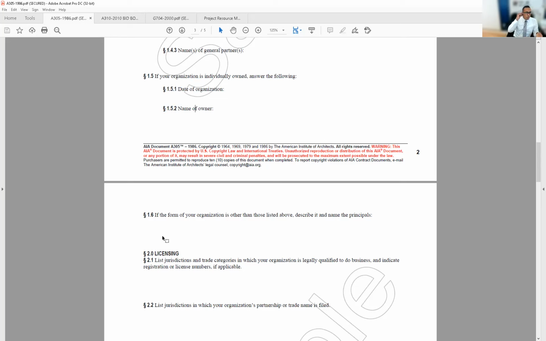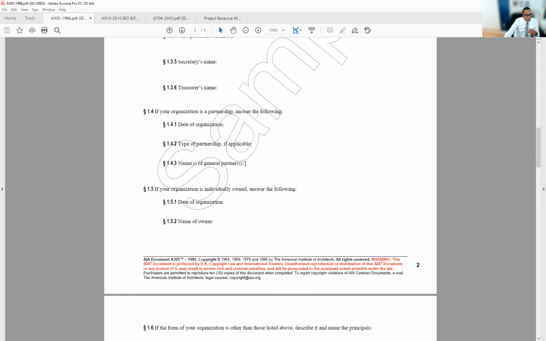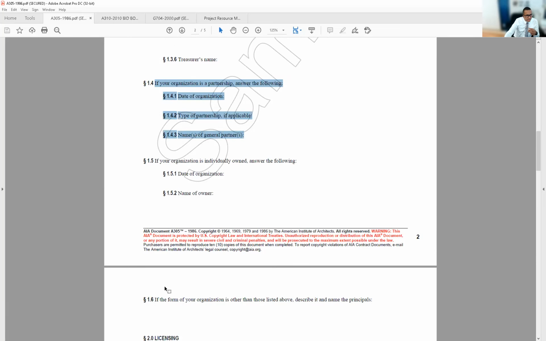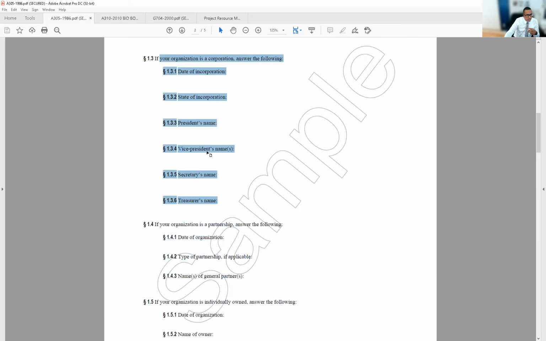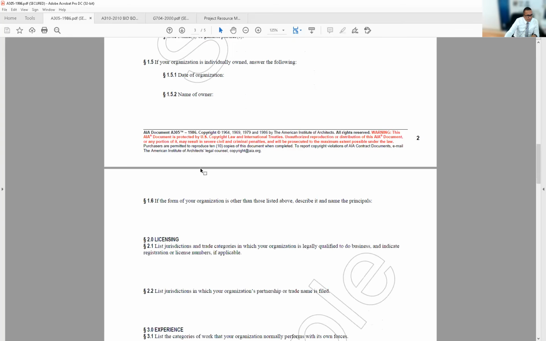So the ones not listed above might be a limited liability company, limited liability partnership, or S corporation. For an S corporation, I would fill it out pretty much the same. Say S corporation, see above, I mean this right here. They have the same idea. S stands for small corporation. It's a domestic corporation.